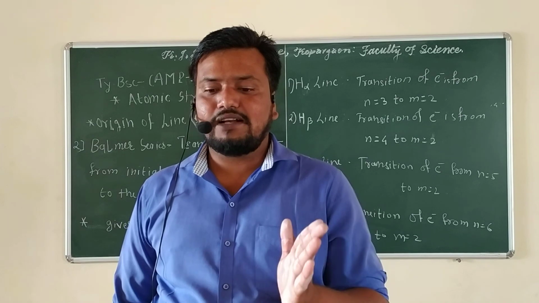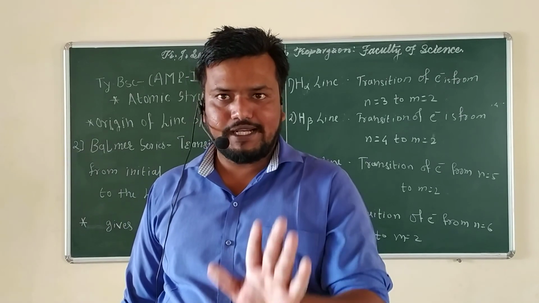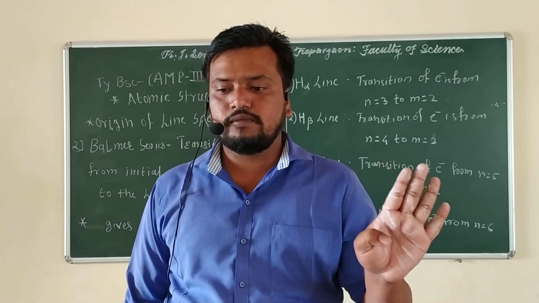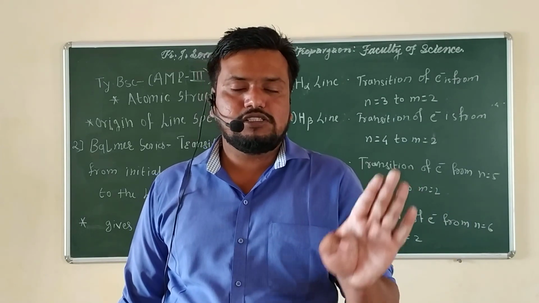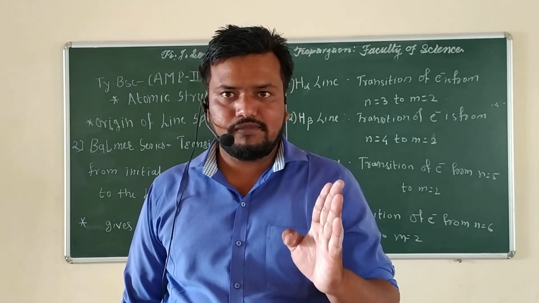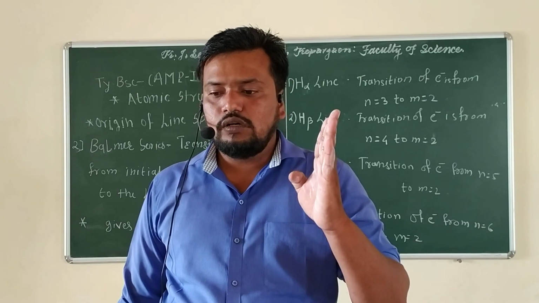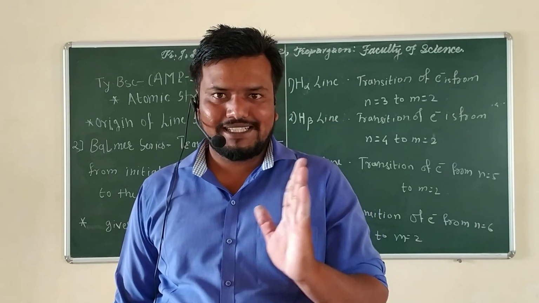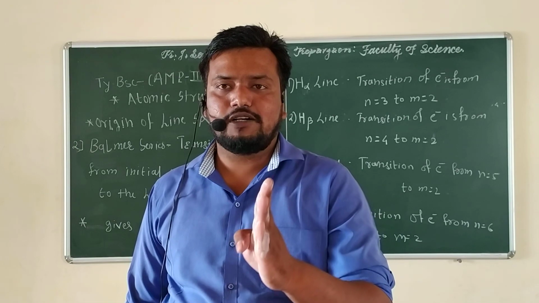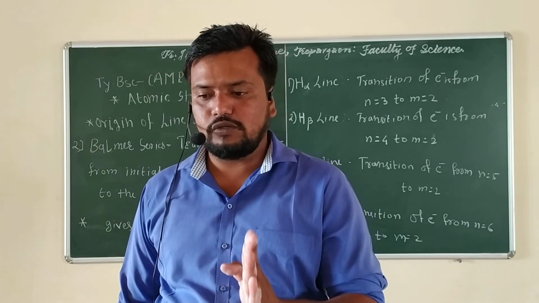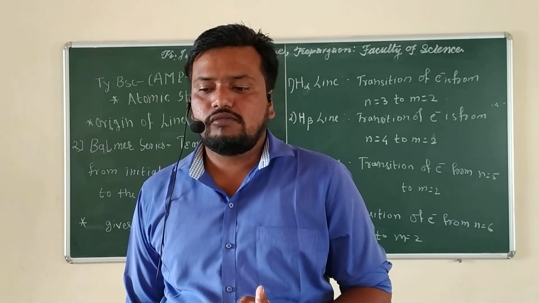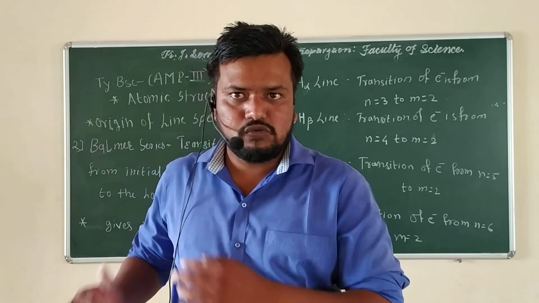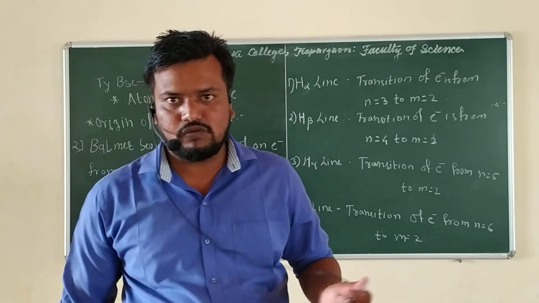H alpha is the transition of an electron from n equal to 3 to m equal to 2. H beta is from n equal to 4 to m equal to 2. H gamma is from n equal to 5 to m equal to 2, and H delta is from n equal to 6 to m equal to 2.